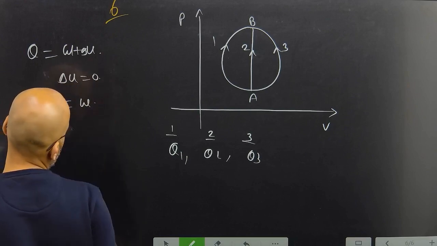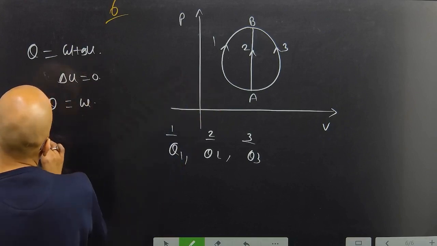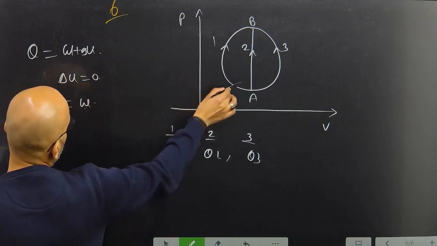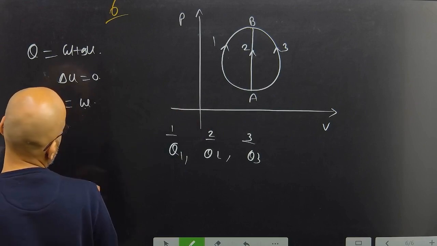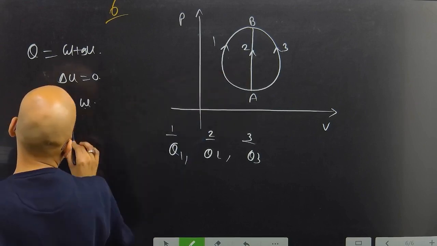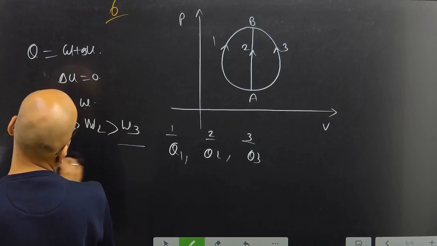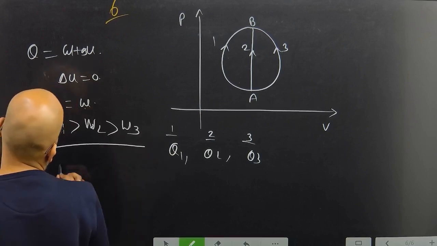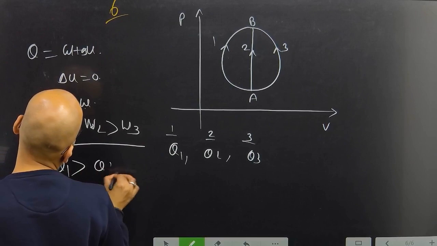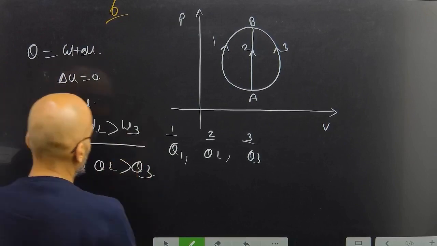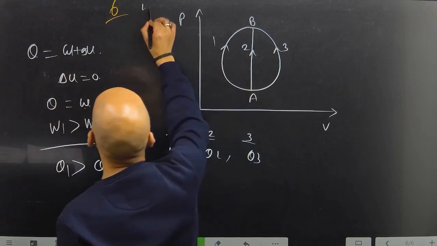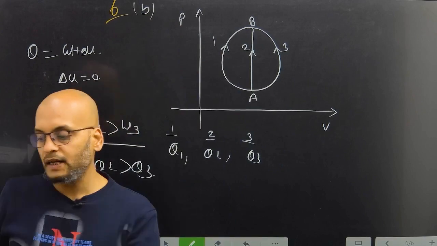So Q will be equal to W. W1 is positive, W2 is neutral, and W3 is negative. W1 is greater than W2 is greater than W3. So Q1 will be greater than Q2 will be greater than Q3. So option B is correct. Clear?